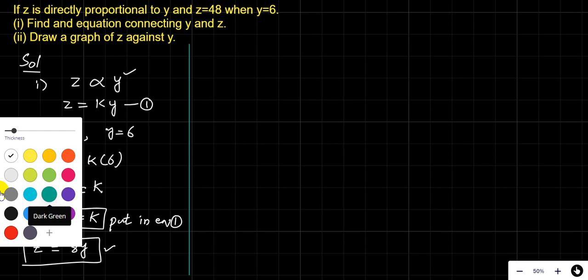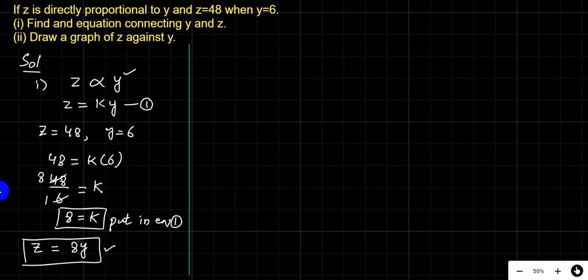To draw a graph, you should know the dependent variable and the independent variable. So in this equation, z equals 8y, one of the variables is dependent and the other one is independent. Here y is the independent variable and z is the dependent variable.